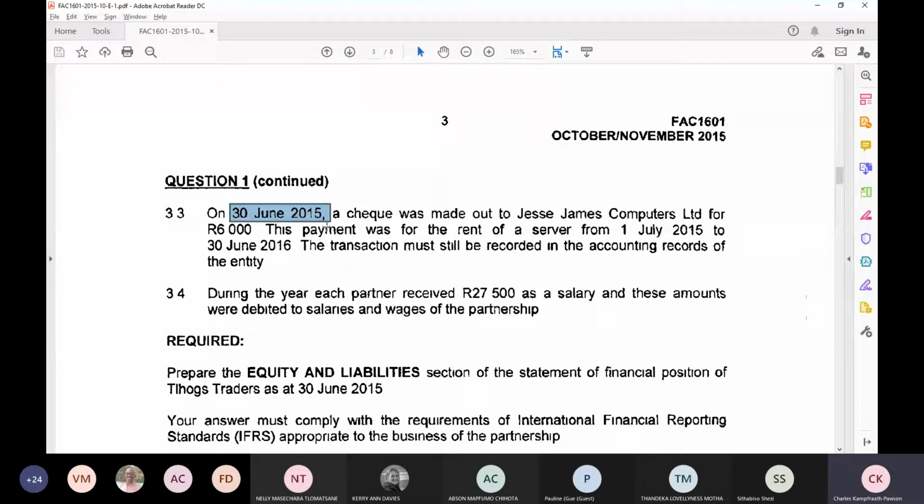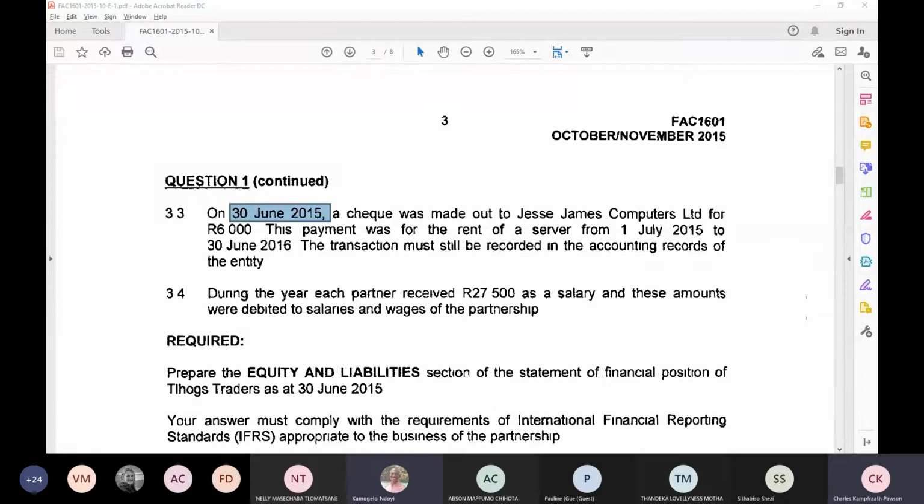So this is a prepayment. And here they say the transaction must still be recorded in the accounting records of the entity. Should you do anything with that? What must you do?